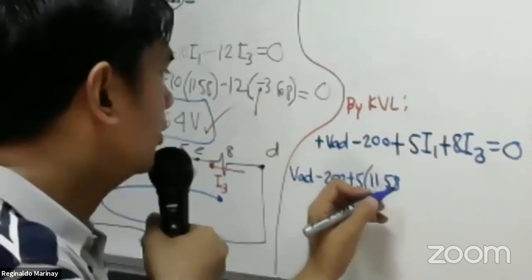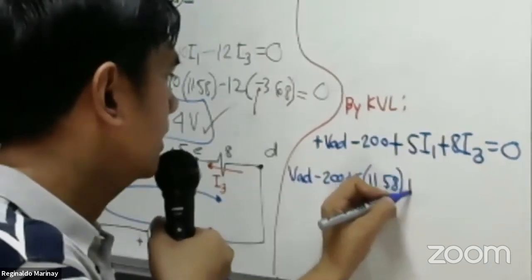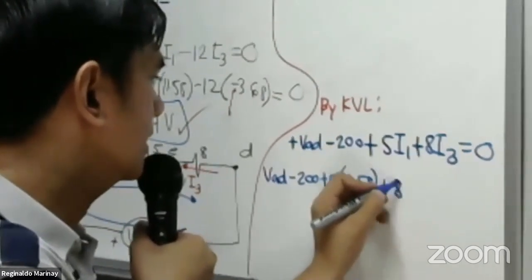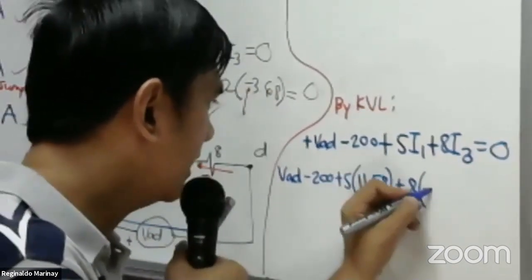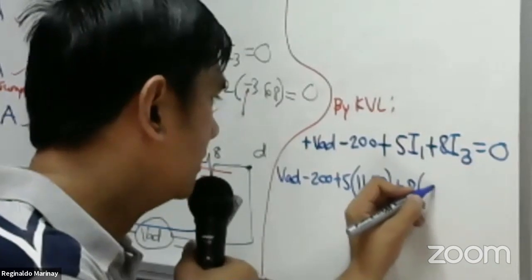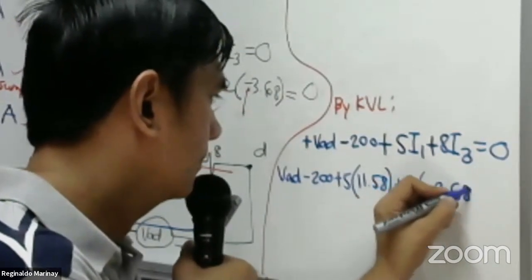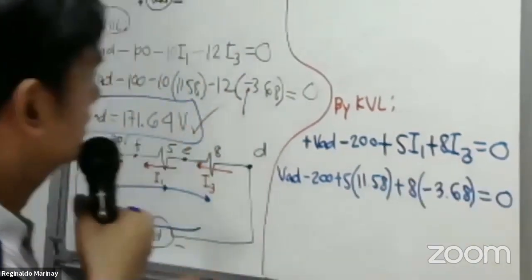So this is 11.58. Then plus 8 times I sub 3, carry over the sign, that is 3.68. That is equal to 0.